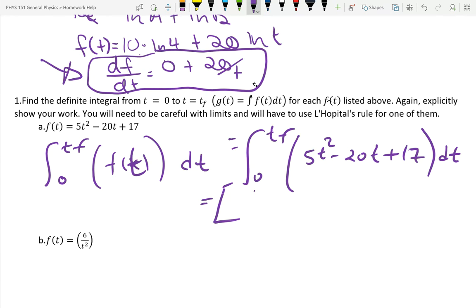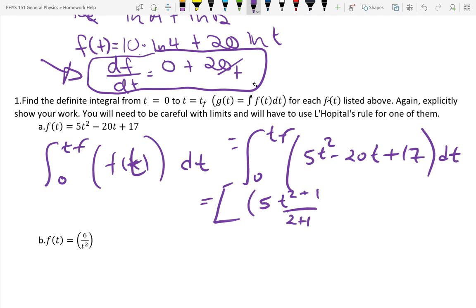For this one you take the 5 and then t squared, it would be t squared plus 1 over 2 plus 1.